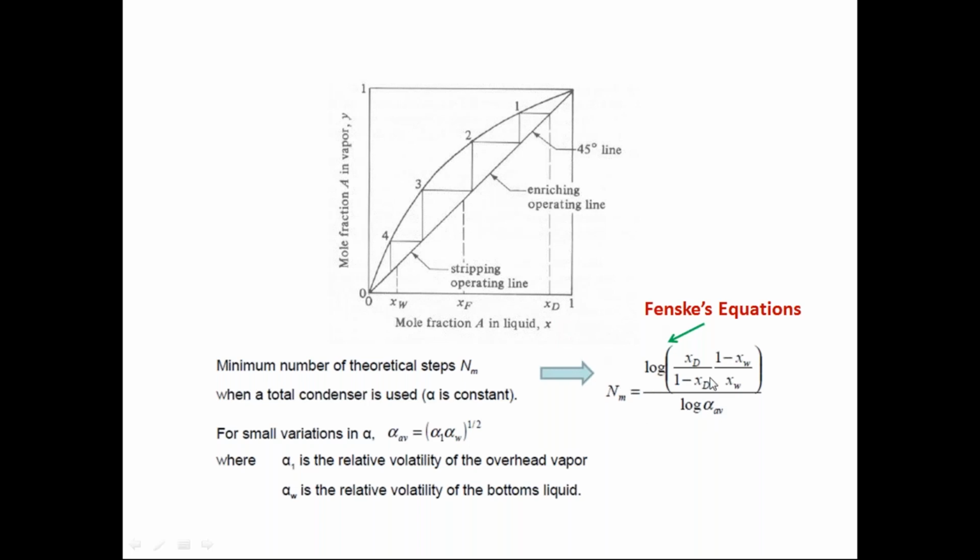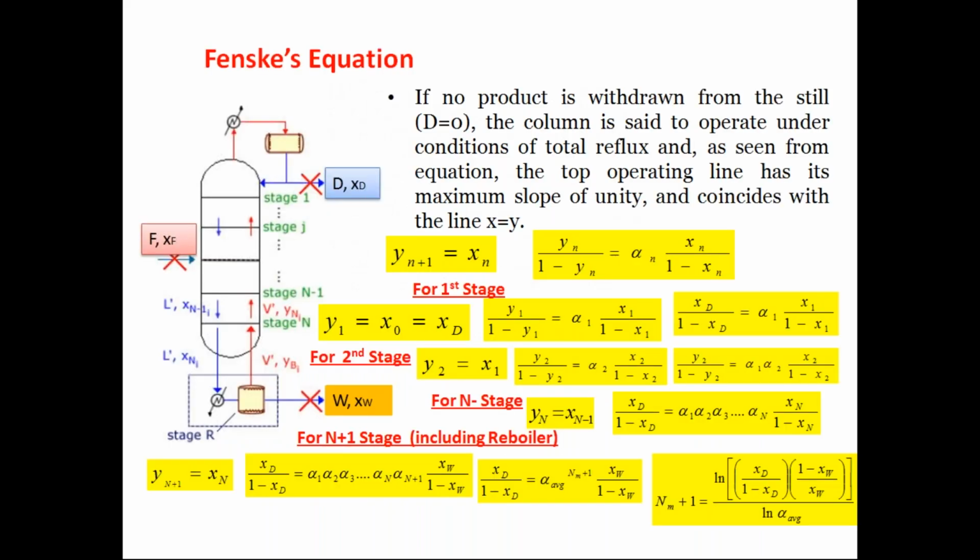That is how we are able to estimate the minimum number of plates. This minimum number of plates indicates to us whether the system is feasible to separate using distillation or not. Okay, so let us see how this Fenske equation can be derived.